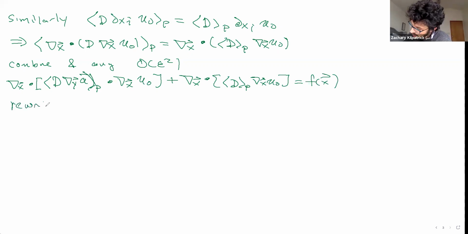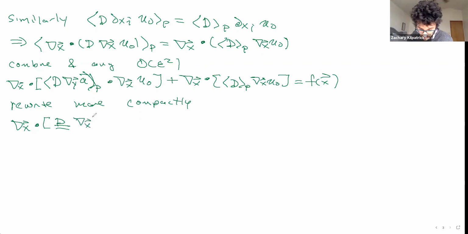So let's rewrite this more compactly, and we'll see what we finally have is the divergence over x of d, and I'm going to draw two bars under it, so I'm defining something new there. Gradient over x of u0 is equal to f of x, okay, for x in omega. So what do we have now?